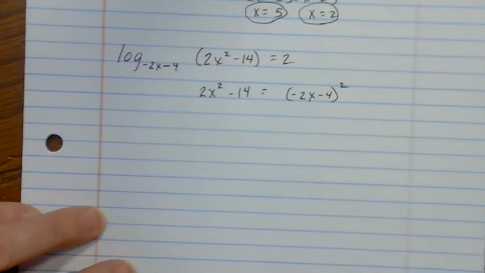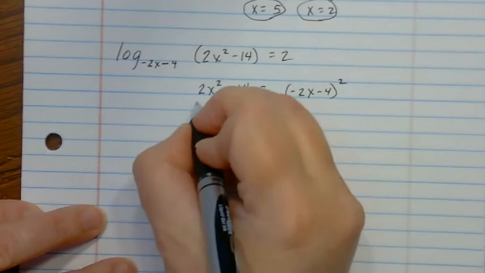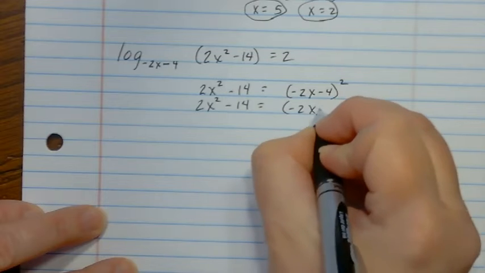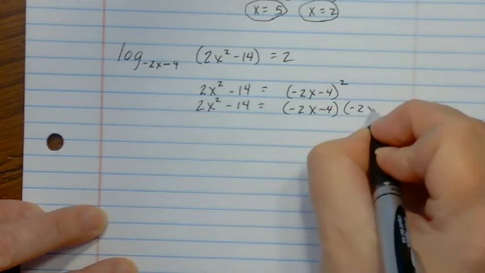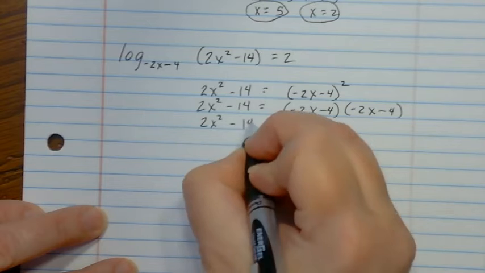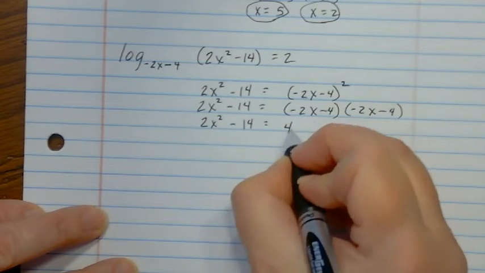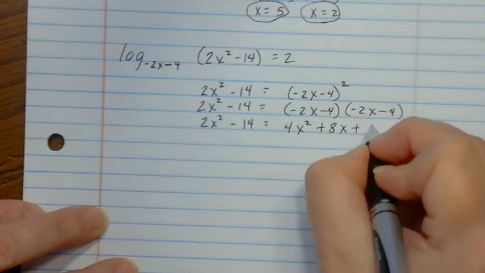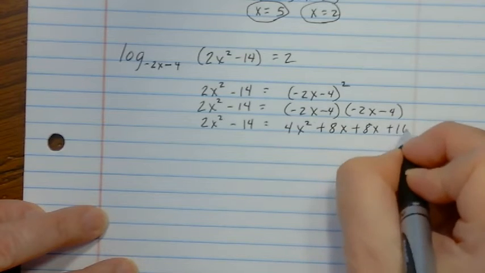When we have a binomial squared, we're going to have to write that out 2 times. This one's pretty involved. So I have 2x squared minus 14 equals 4x squared plus 8x plus 8x plus 16.